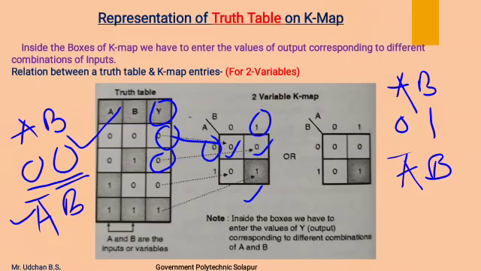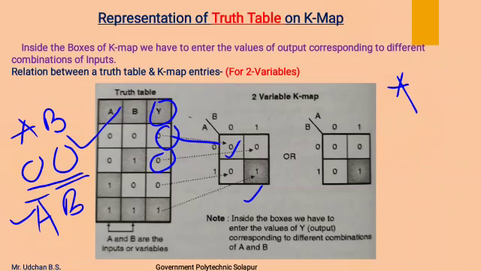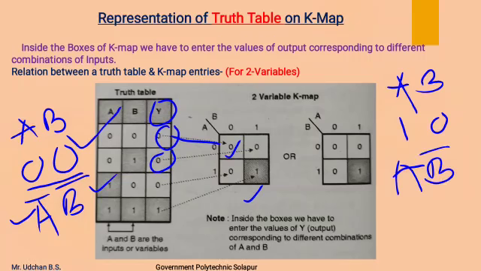After that the next input combination is 1 0, that is the values for A and B are 1 0, that is A B bar. So the position of the cell is this one, so here the value of A is 1 and here it is 0. So this third 0 can be entered into this cell where the product term is A B bar.